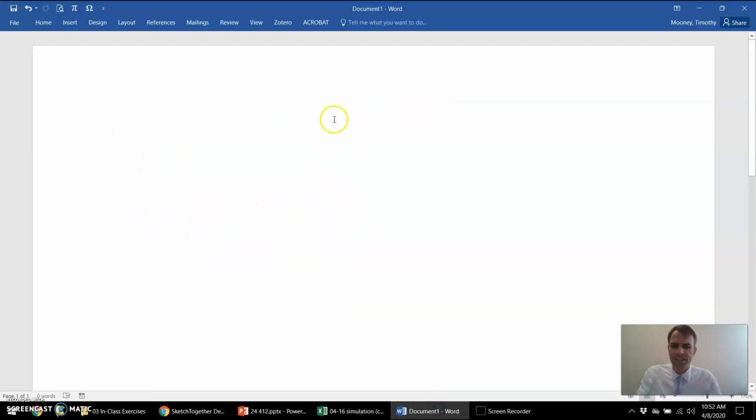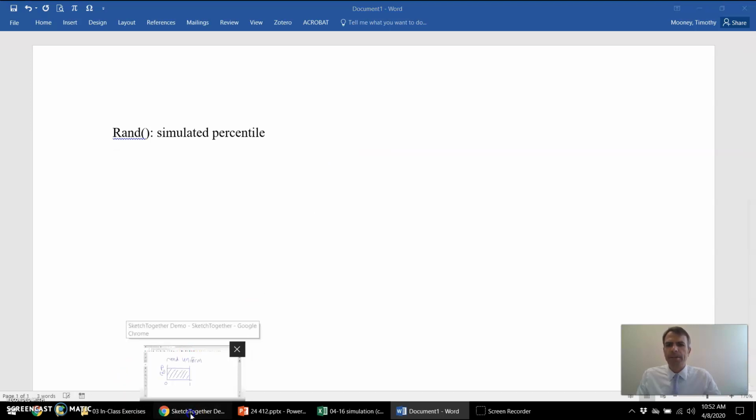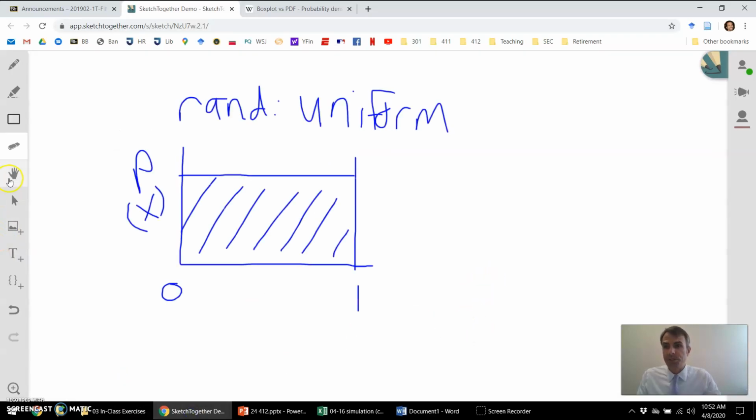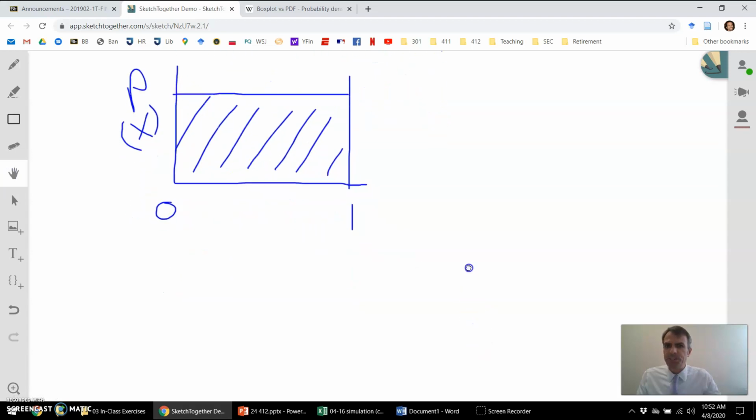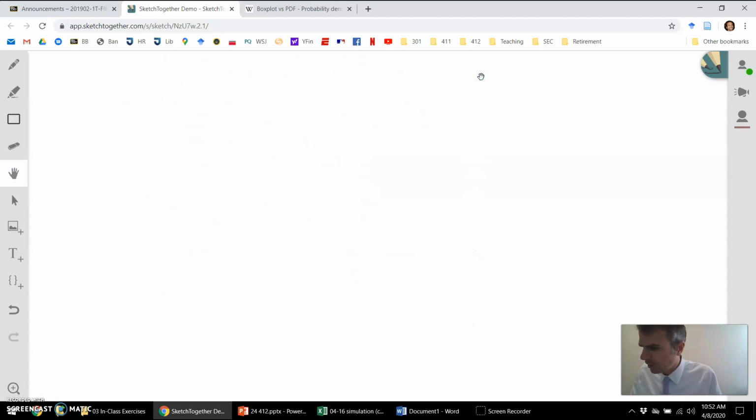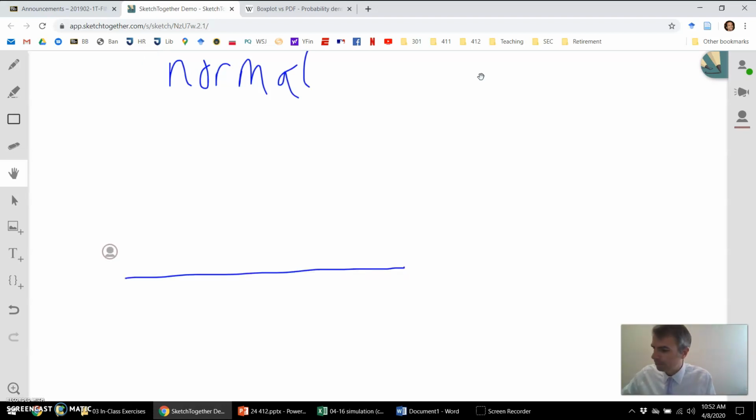And actually what I'll write down is that for the RAND function, we'll treat that as a simulated percentile. So keep that in mind as we look at the normal distribution, which looks a lot different, but you've seen it before. If I were to draw the probability density function of a normal distribution, different parts of the curve have different heights.